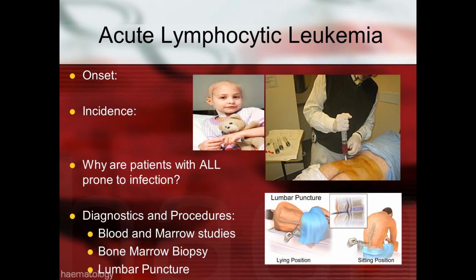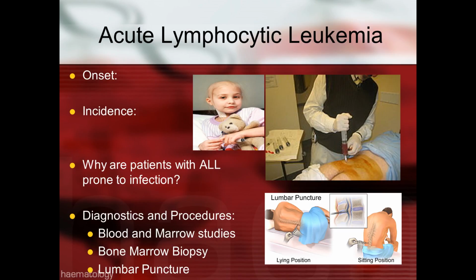Okay, most of the time we'll do a bone marrow biopsy to confirm a diagnosis of the molecular characteristics. They also may do a lumbar puncture, and that would be done for staging of the disease. And again, CT scans can be done to assess if other areas have become infected. So in acute lymphocytic leukemia, the staging includes a lumbar puncture to assess for central nervous system involvement. Okay.